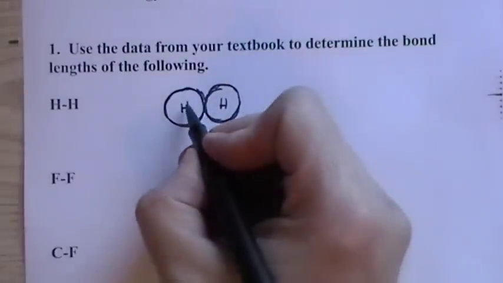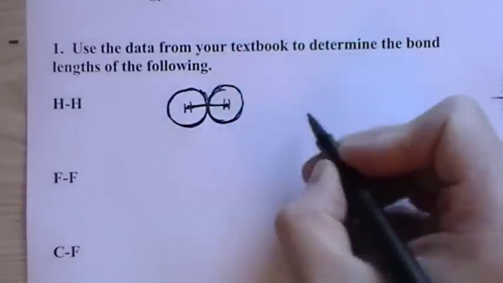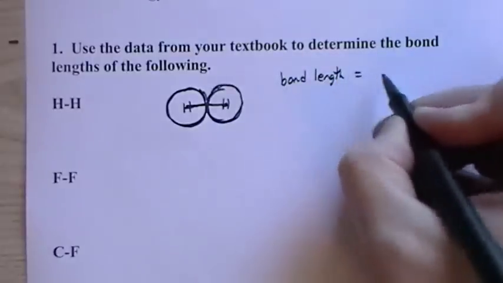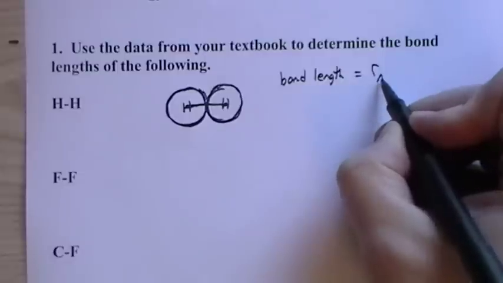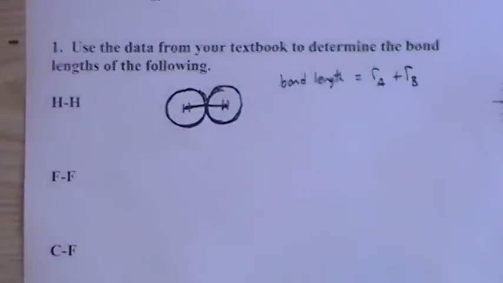Since we know the atomic radii, which have been tabulated, the bond length just equals the radius of atom 1 plus the radius of atom 2. In this case, they're both the same.